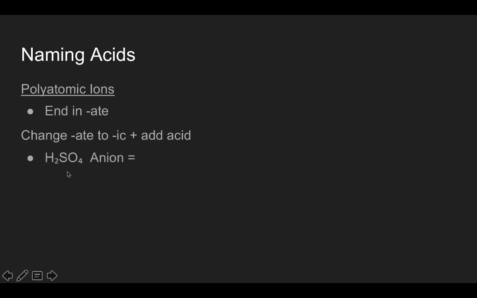So here in H2SO4, the SO4 is our anion, and the name of that is sulfate. To find the name, you cross out the ate, turn it into ic, and add acid.